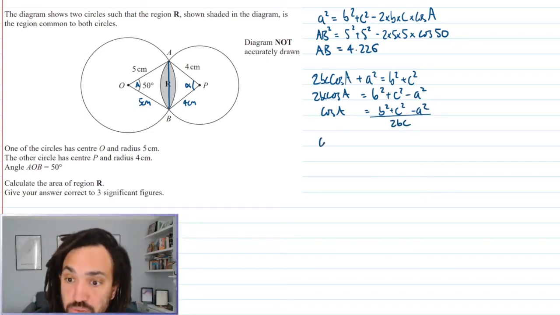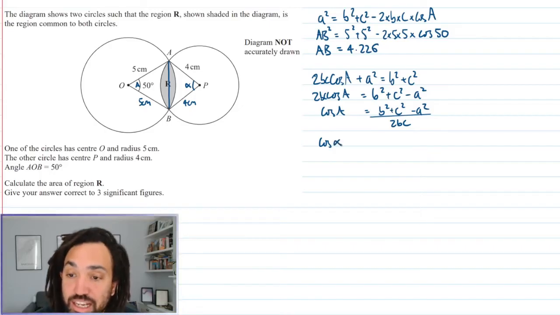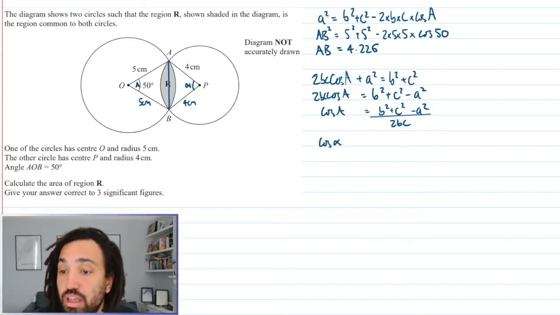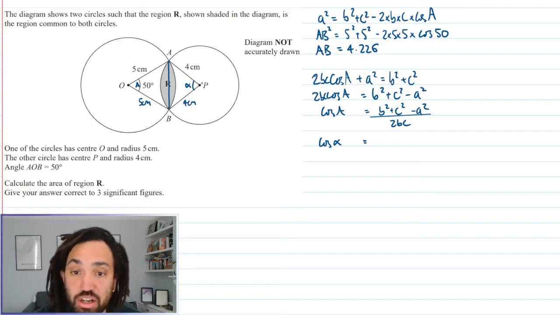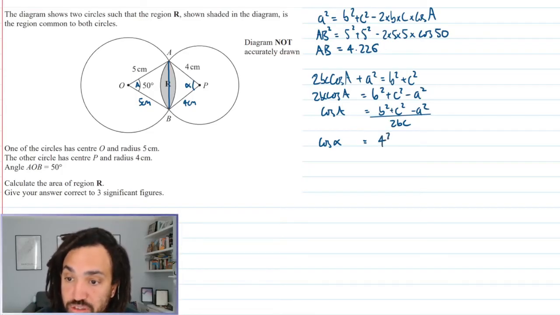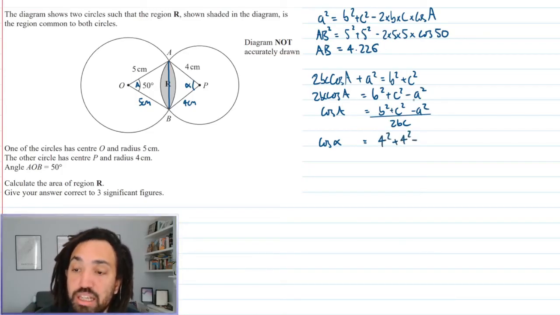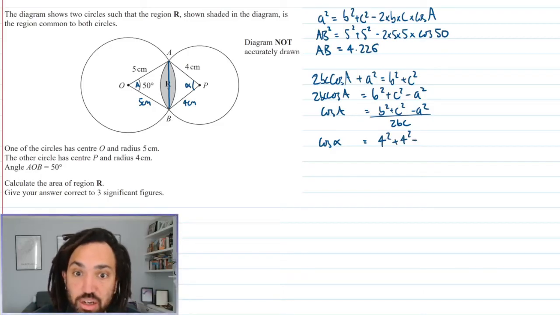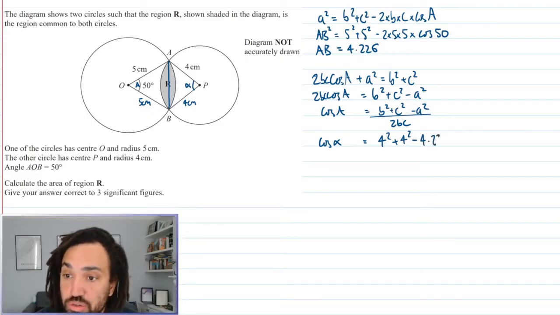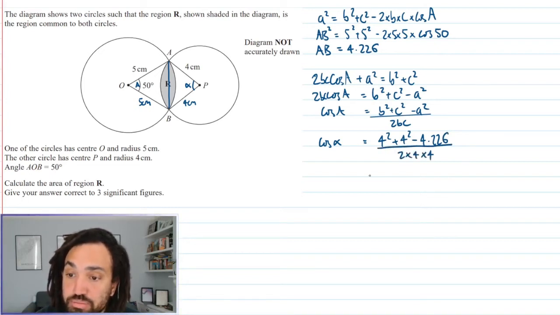Okay, well, what is capital A? It's the angle, and the angle we're trying to find is alpha. b and c are the two sides adjacent to the angle, which are both 4 in this case, so it's 4 squared plus 4 squared. a is the side opposite the angle we're looking for, which is the chord, the one we've already worked out, which was 4.226, and that's all divided by 2 times 4 times 4.